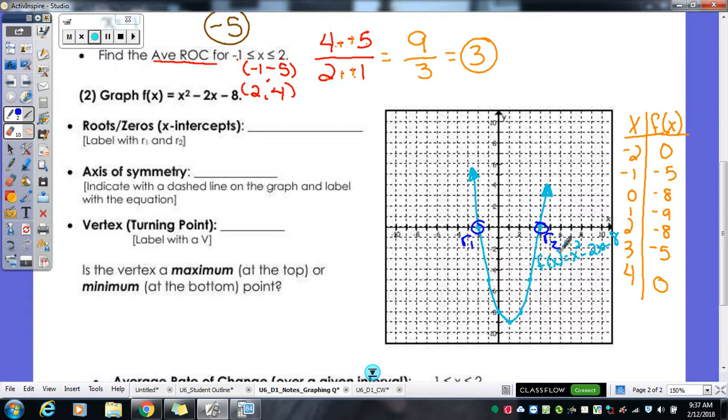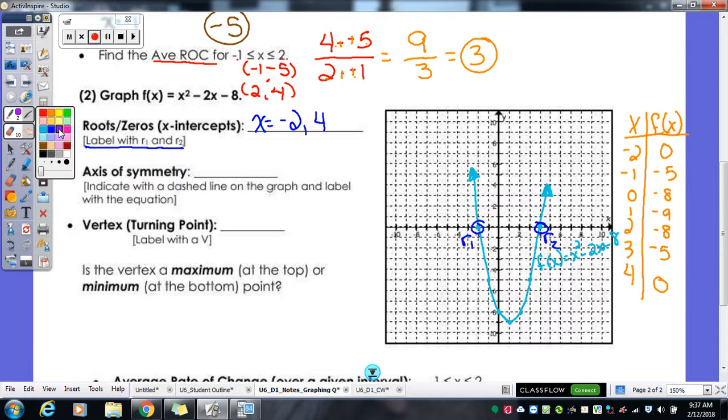You've got to remember to label your graph for these different parts when they ask for it. So your two roots would be at -2 and +4, and you need to have those labeled with R1 and R2, just like the directions tell you to do.